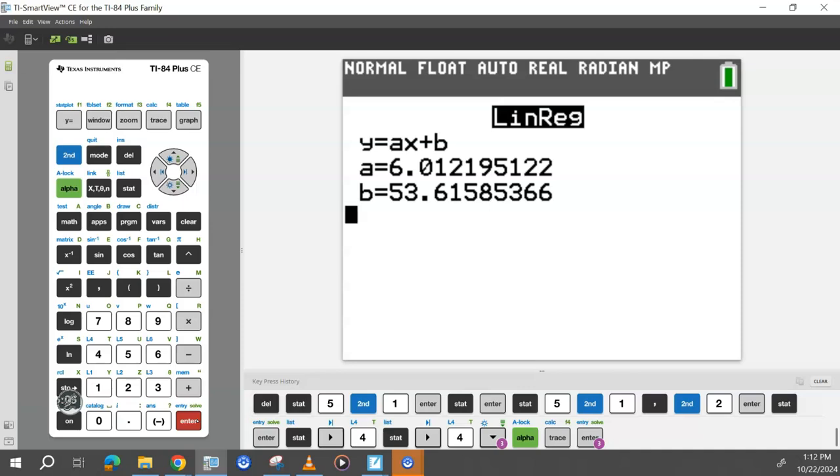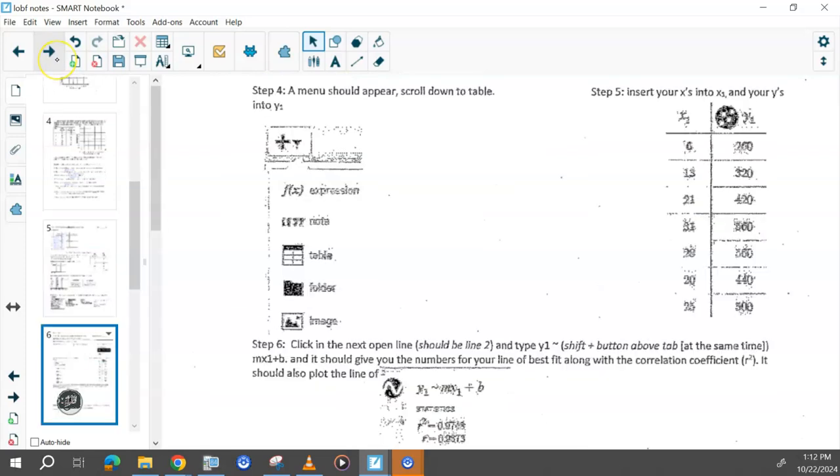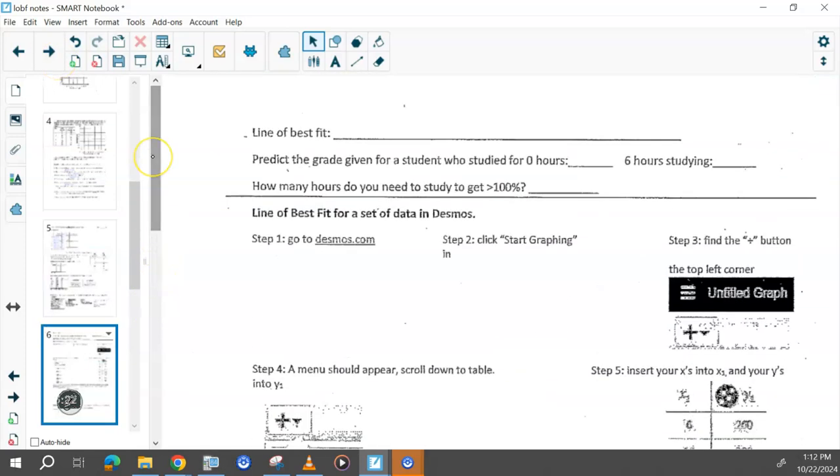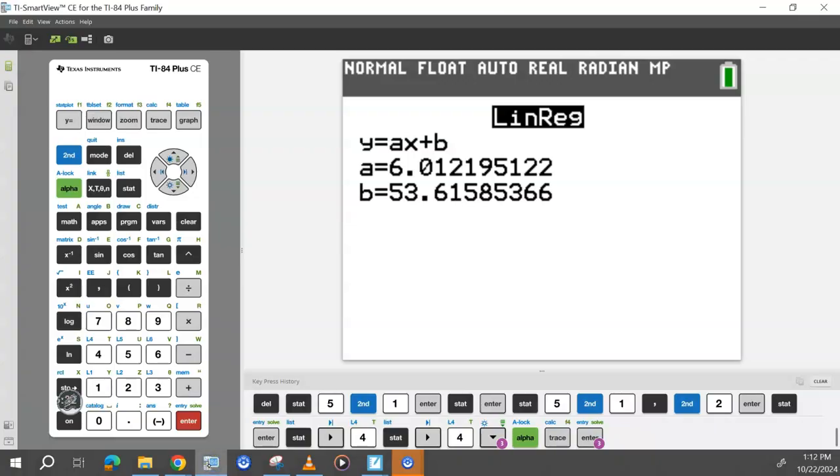What we write is going to be 3 decimal places. So y equals 6.012 x plus 53.616.